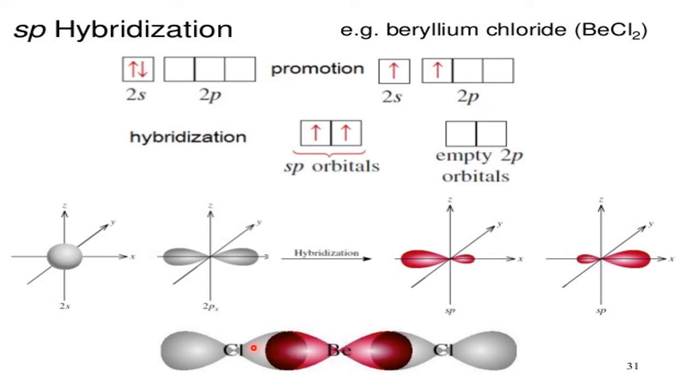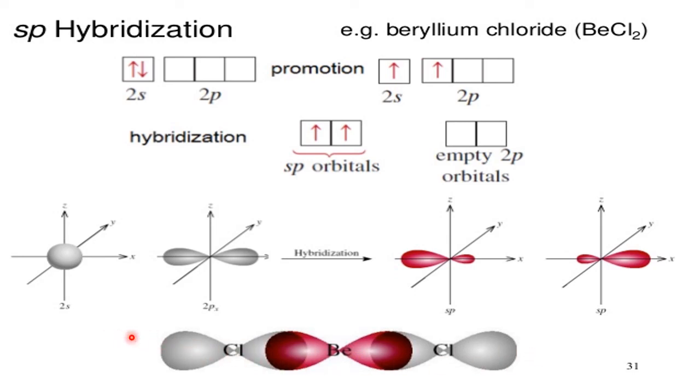Once again, they take such an arrangement in space so that the least repulsions are maintained, so that there is least energy and maximum stability. So they decide from which angle, from which orientation, they have to come so that we get the least energy and the most stability, so that a straight line beryllium cloud is formed.